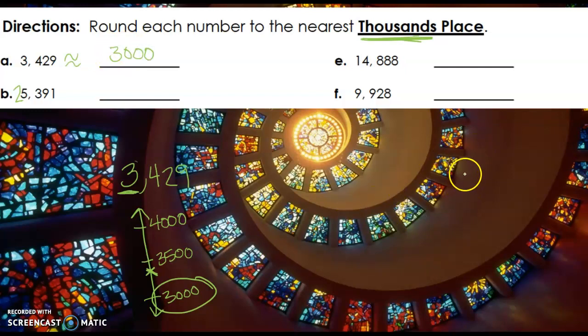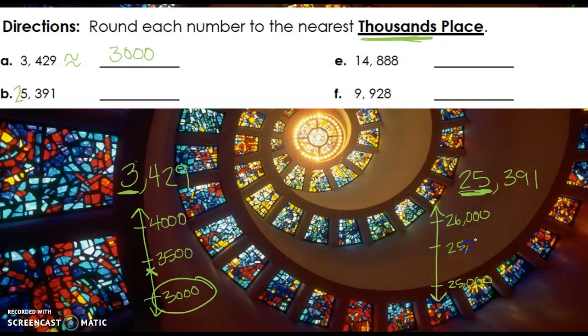All right, let's do a little bit harder one. 25,391. Well, my thousands place is the 5, but I can't forget about the 20 here, so I'm going to say it's 25 thousands. That's going to be my floor, 25 thousands. 1,000 more gives me 26 thousands.